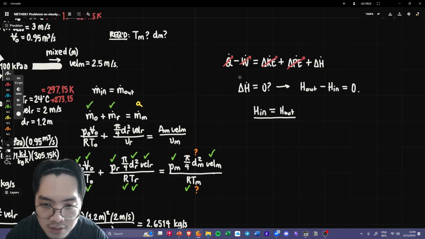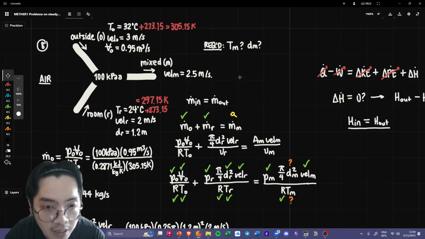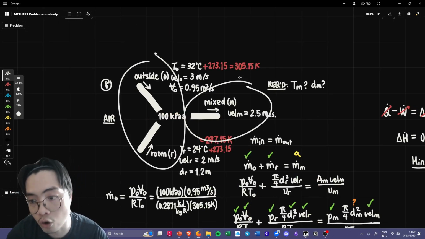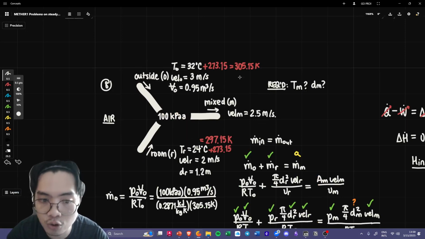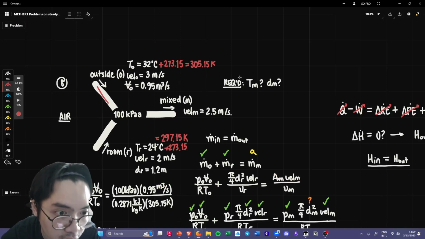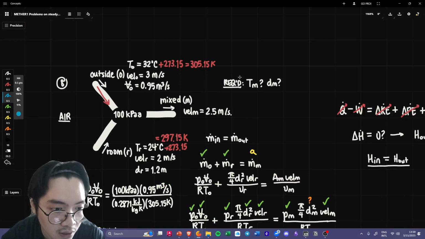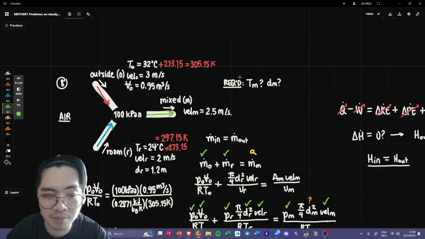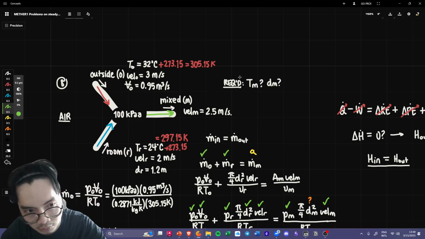What they mean to say is that the amount of energy that goes in should still be the amount of energy that goes out. So, what are the energies that go in? Well, you have an energy going in from the outside, you have an energy going in from the room, and you have an energy from the mixed air going out.